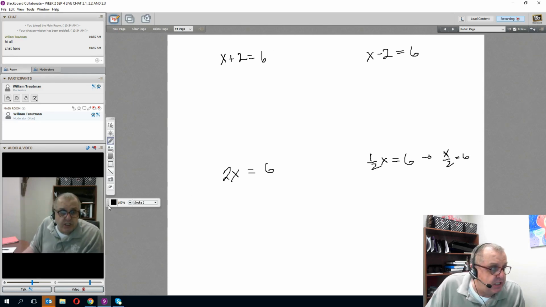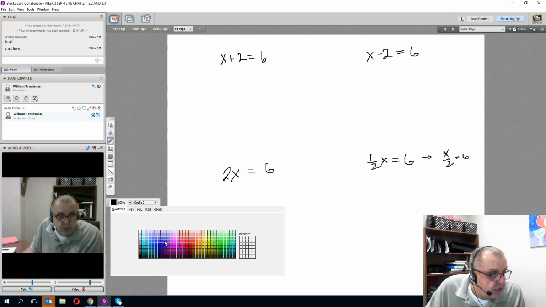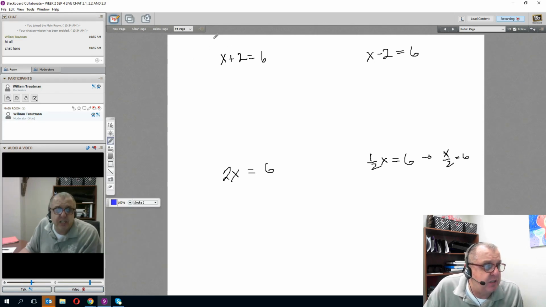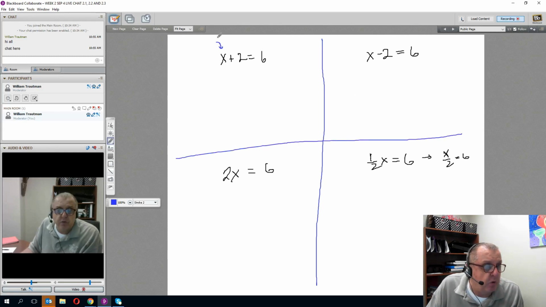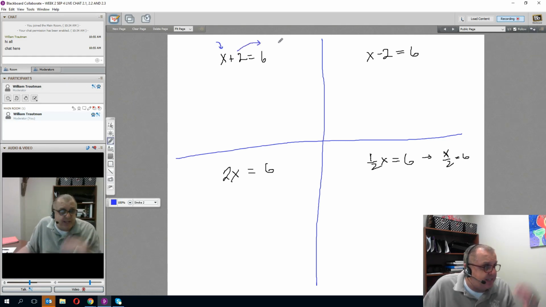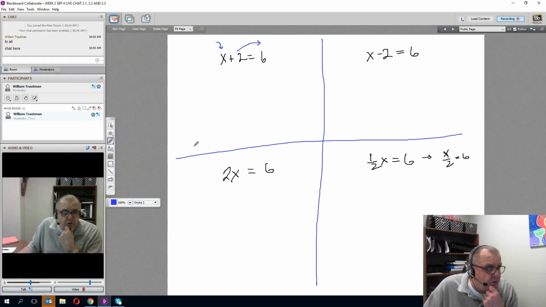So let's take a look at this first top one. When we solve for x, it means tell me what x equals. If you look at this problem up here, you could probably tell me what x equals. x equals 4. 4 plus 2 equals 6. But mathematically, this is how we do it. We try to take this 2 over to the other side so x is by itself. Our goal is to find out what x equals.